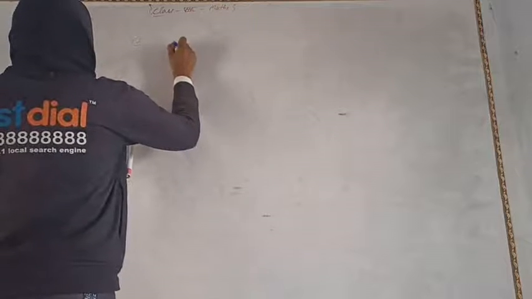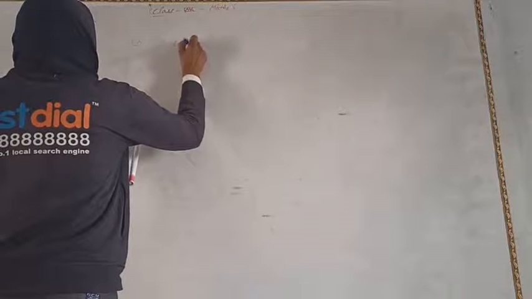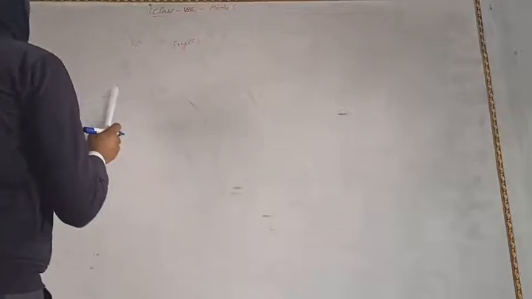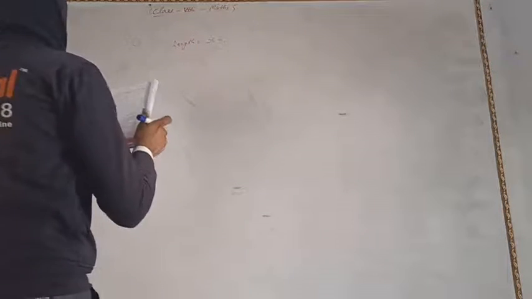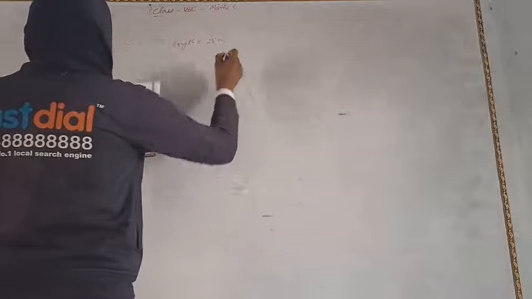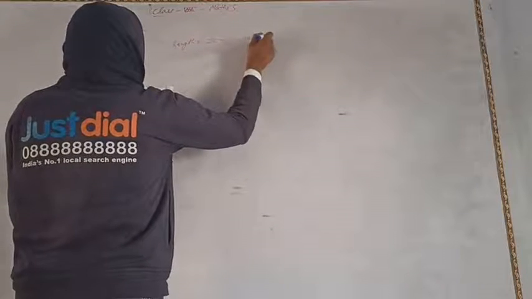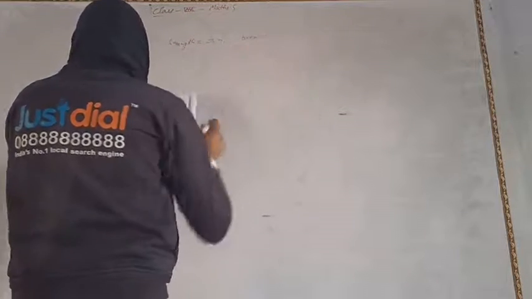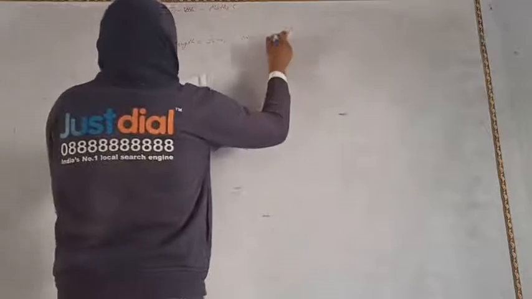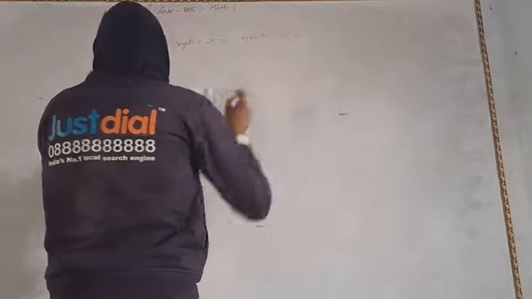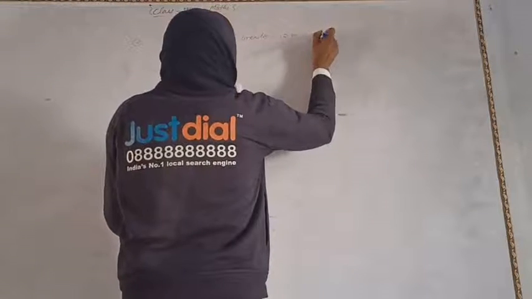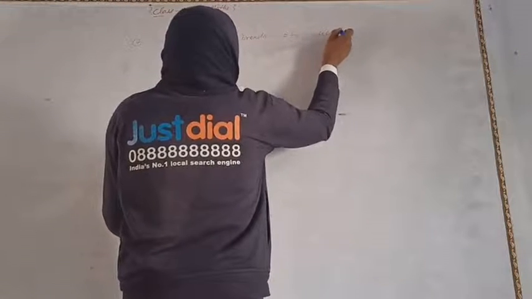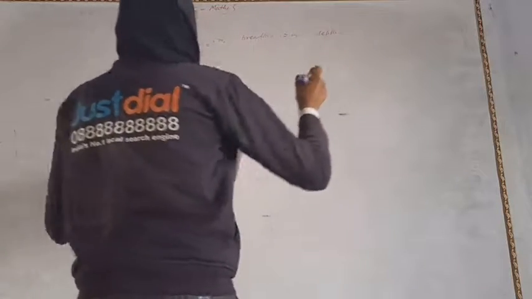Okay, so from here you are given length 25 meter, breadth is equal to 12 meter, and depth is equal to 10 meter.